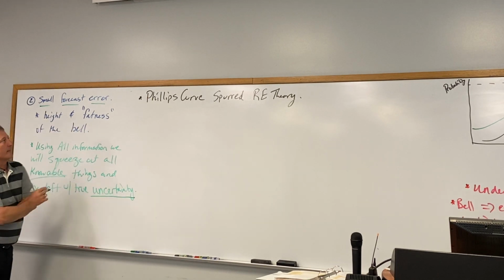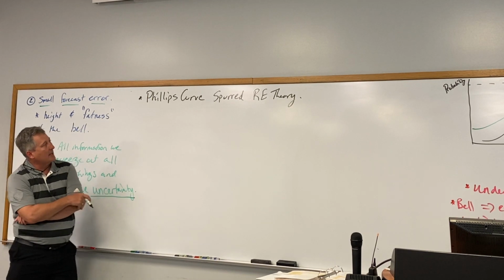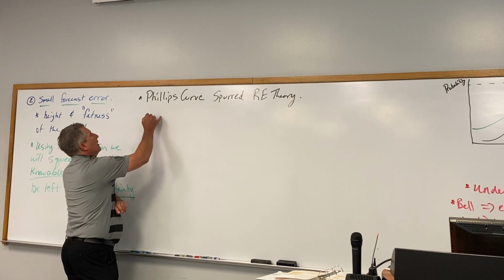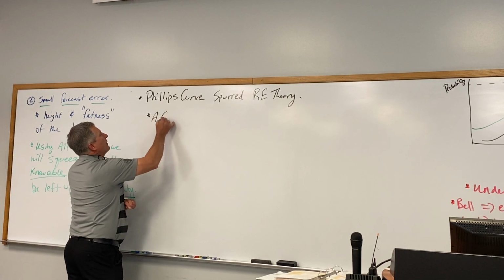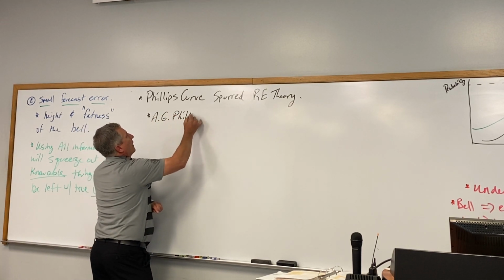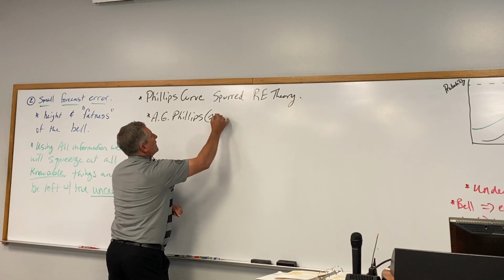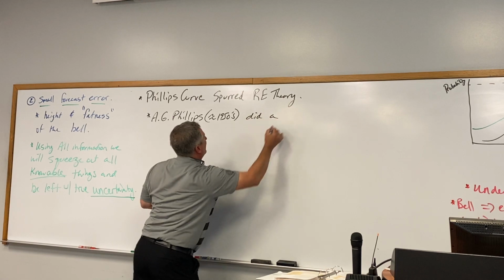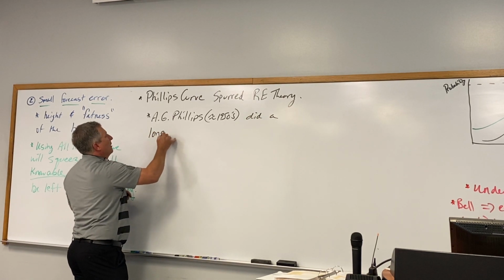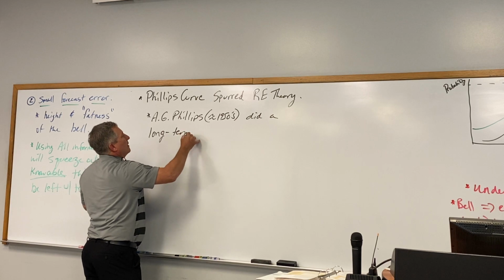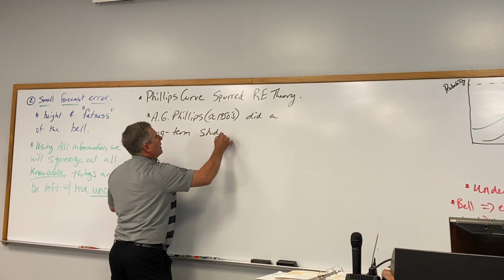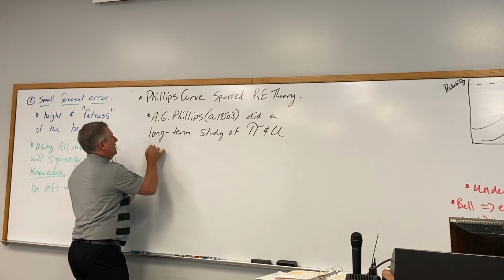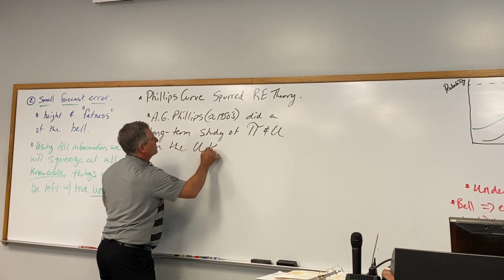So the Phillips curve is kind of an interesting one. A guy named Phillips, A.G. Phillips, around the 1950s, did a long-term study of inflation and unemployment in the UK, in the United Kingdom.